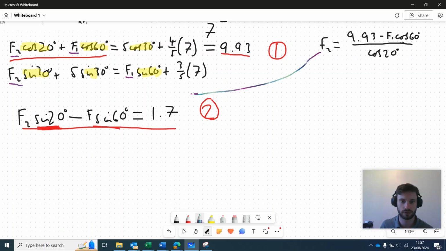So, still getting used to this pen. Here we go. I'm going to substitute it in there. What's that going to look like? It's going to look like this.